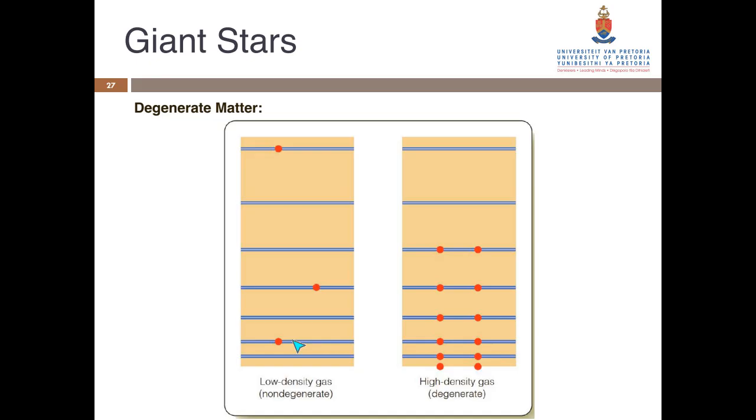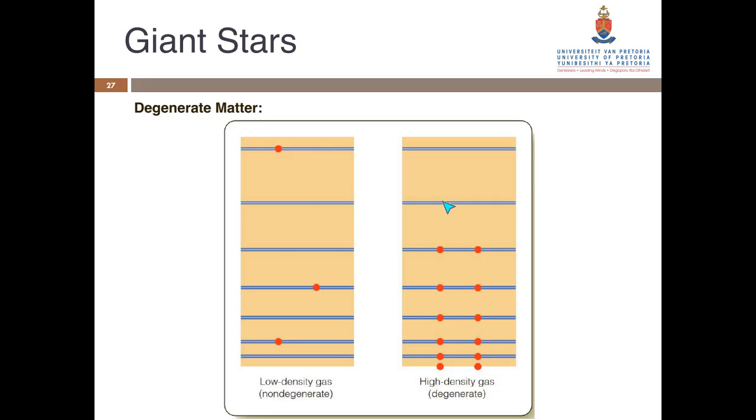So if you compress a gas, making it a high density gas, you start filling up these energy levels with two electrons. The only way you can add more electrons is if you add enough energy that those electrons can go to higher energy levels.